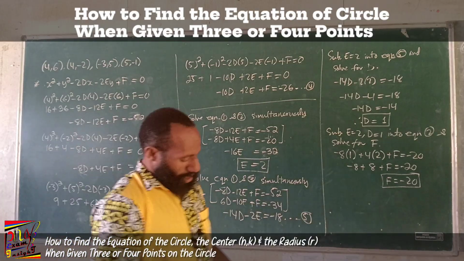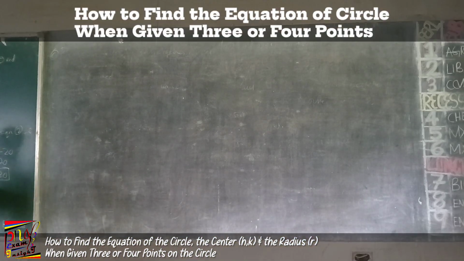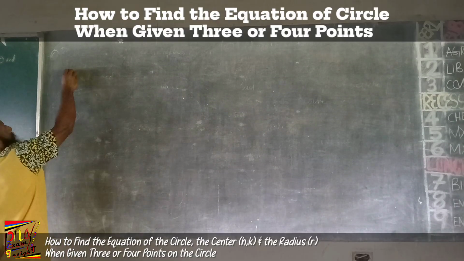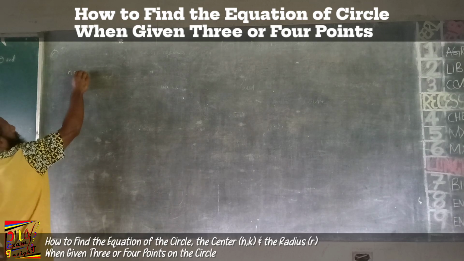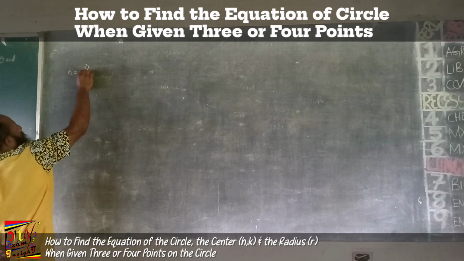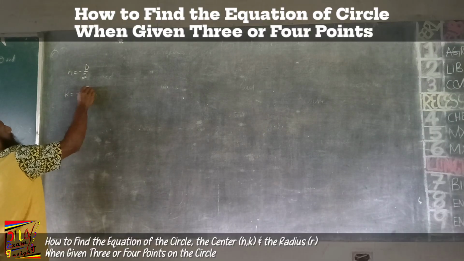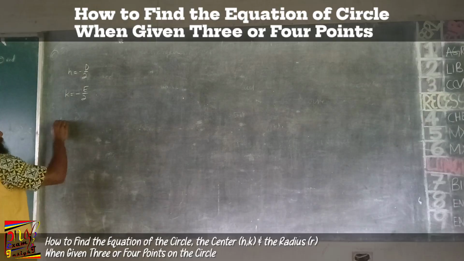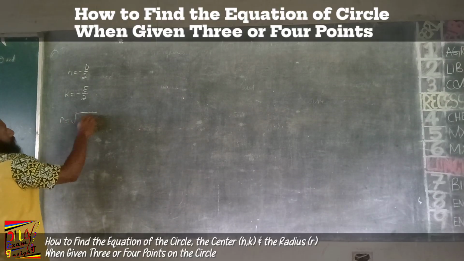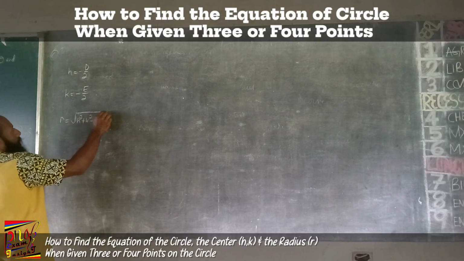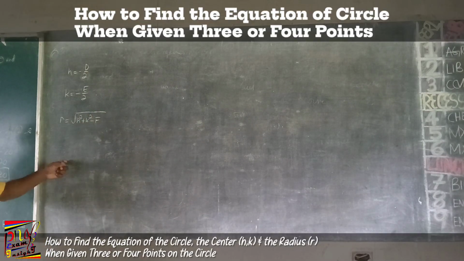We didn't come up with the equation as yet. Therefore, we have to go to the next blackboard. We already have our F, we have our D and E. So for the general equation, to find the center and radius and so forth, find H equals, that's it, then K, and half, H squared plus K squared minus F. This is the shortest form.